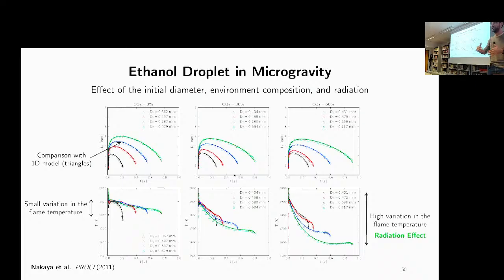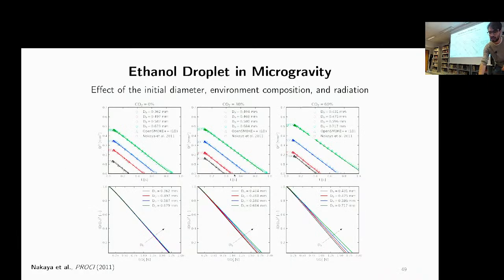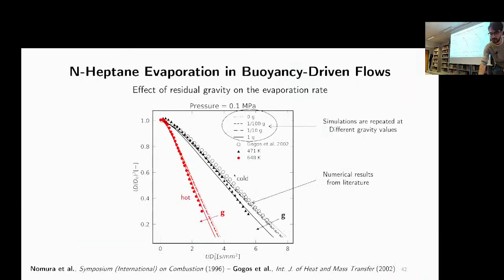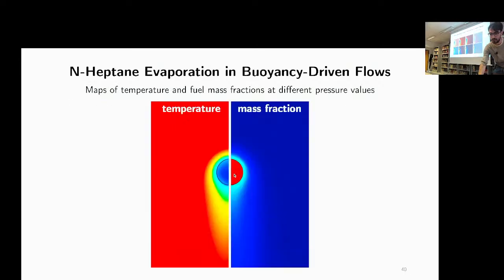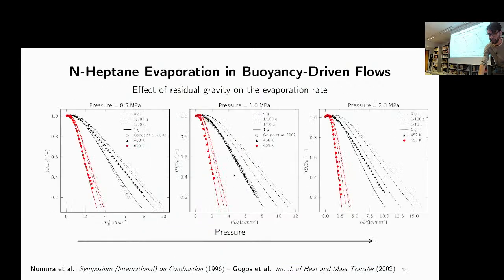And then we have the radiation on the droplet interface, which is not important in these cases, but it's important when you study, for example, droplet evaporation in a hot environment like this data. In these droplet evaporation cases, you have a hot furnace wall that radiates directly on the gas-liquid interface, and you need to account for that.